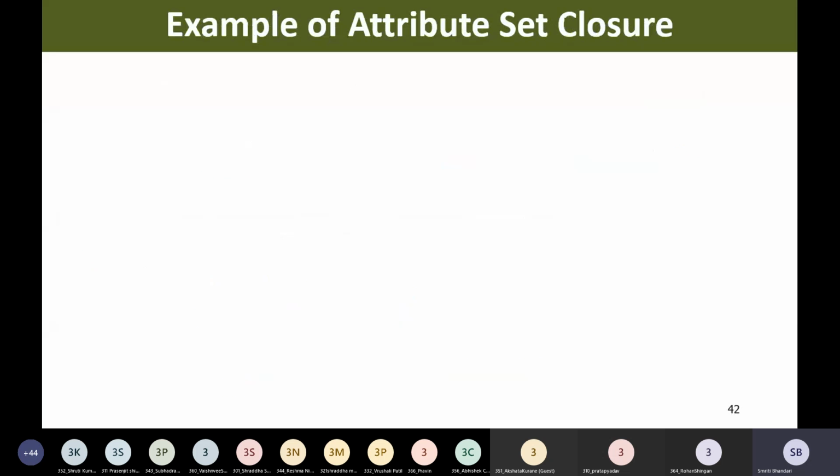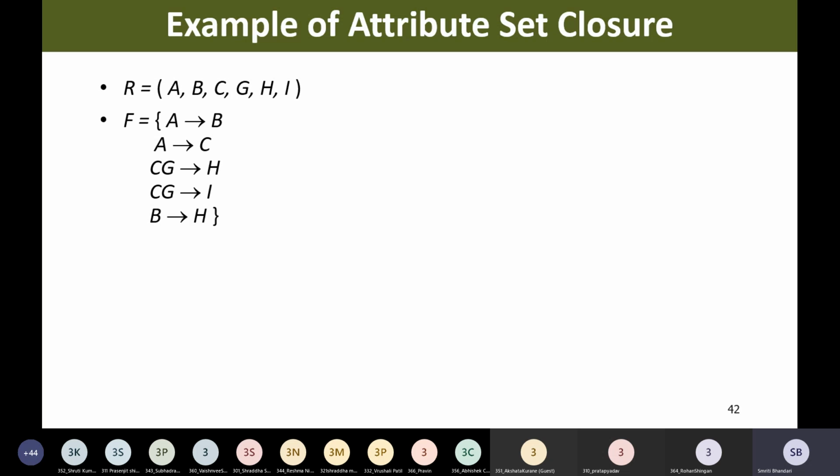So let me illustrate this with one simple example so that you can understand it. We have this relation schema R with 6 attributes A, B, C, G, H, I, and we have been provided with these functional dependencies.